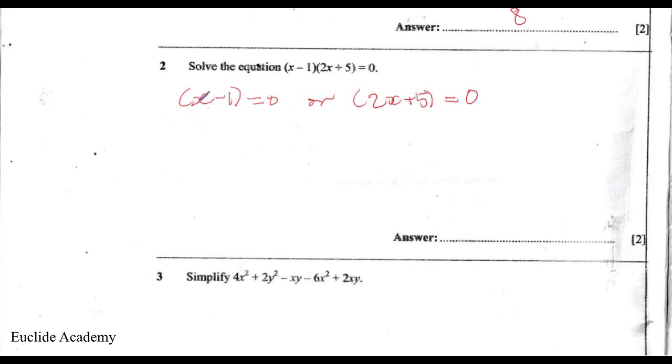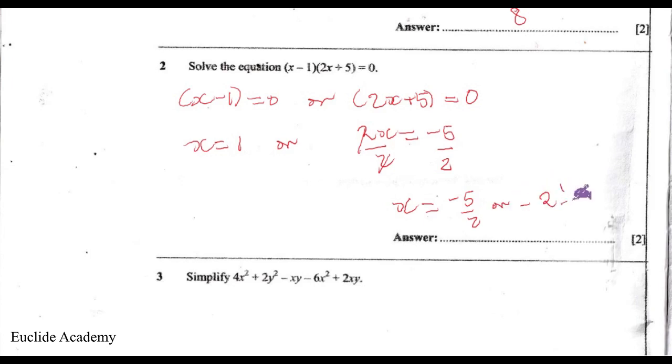Which simply means x is equal to positive 1, or 2x is equal to negative 5, since 5 goes to the other side. Dividing both sides by 2, x is equal to negative 5 over 2. If you want, you can put it as a mixed fraction, negative 2 and a half. So x is equal to 1 or negative 2 and a half. These are the answers.